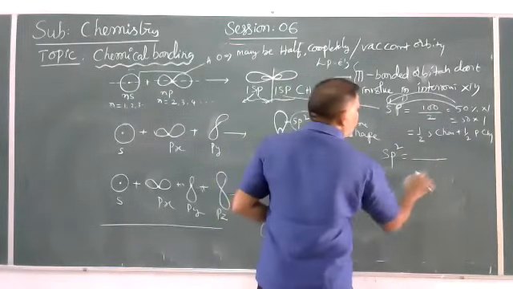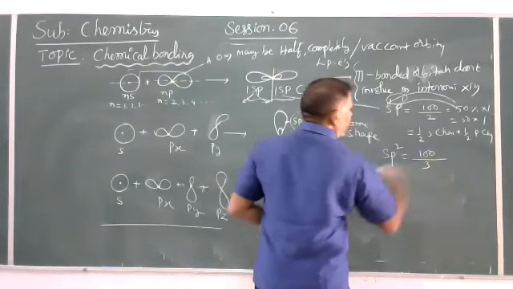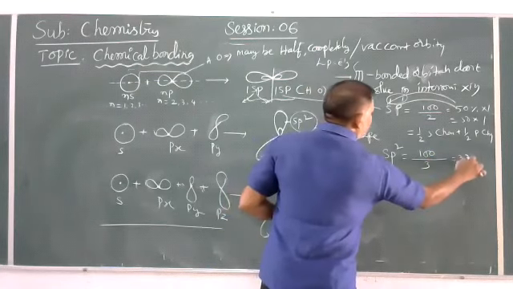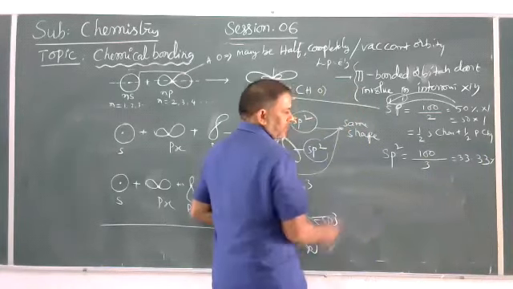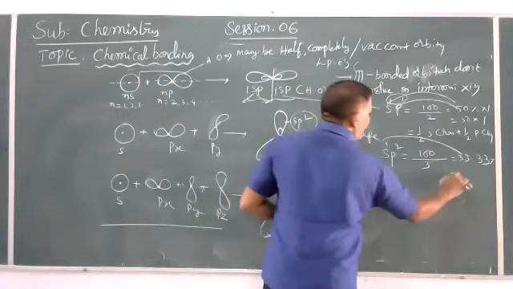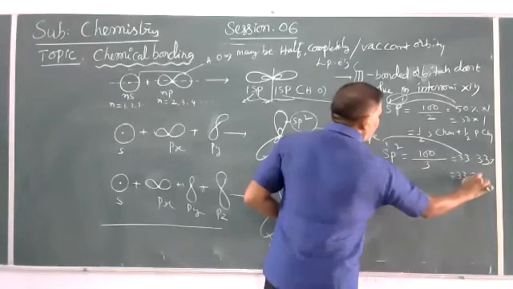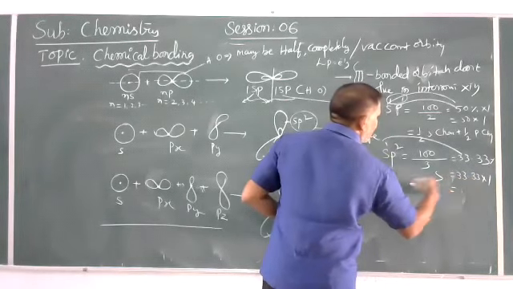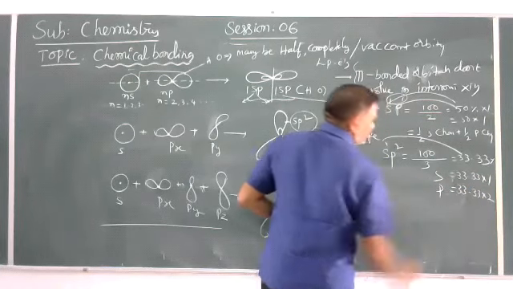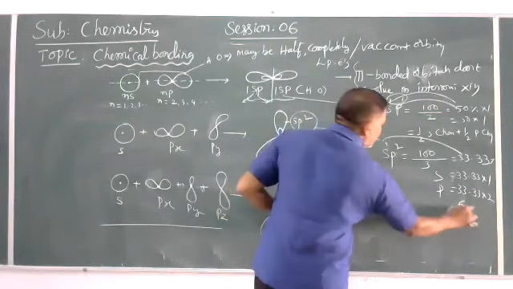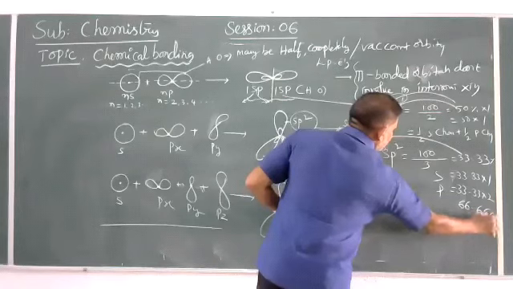Same thing for sp2: 100 divided by 3, each one is 33.33 percent. Only 1 is s, so s is 33.33 percent, and p is 33.33 into 2, that is 66.66 percent.